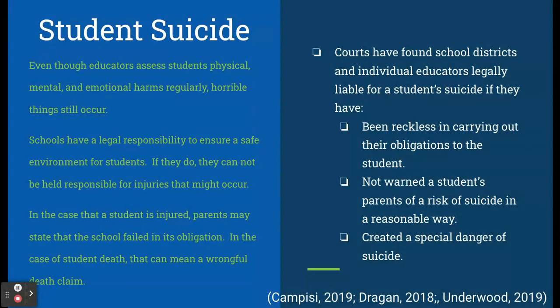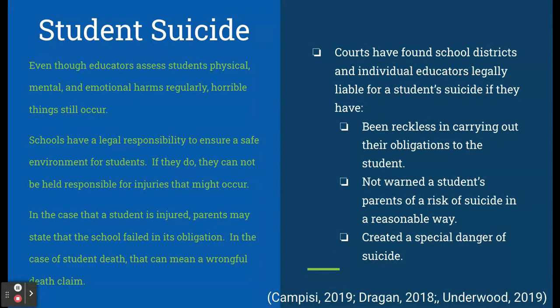If we're providing a safe environment for students, it helps prevent our liability for injuries that might occur. But in the case that a student is injured, parents can still say that we have failed in our obligation. If a student passes away, that can be a wrongful death claim.